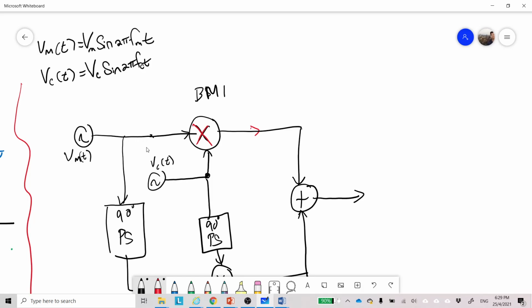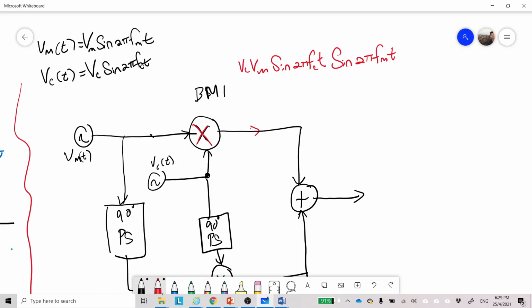So the output here is actually VC VM sine 2 pi FCT sine 2 pi FMT.